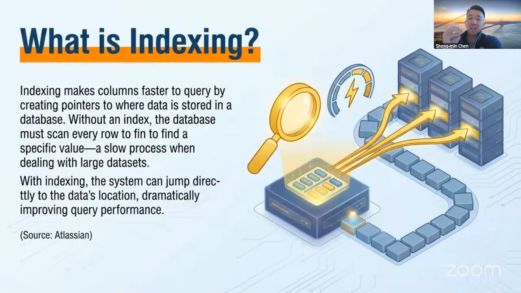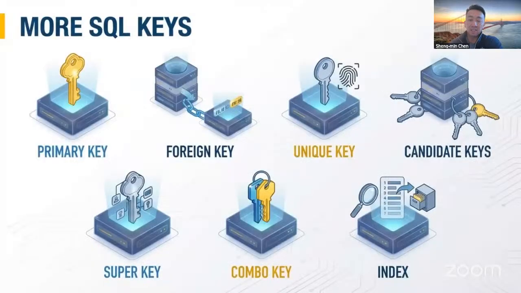Okay? That is what an index does. You are essentially adding the index to a column. The reason that we put the index together with the keys is that we're following a similar concept of adding a key to a column. A column itself can be unique.